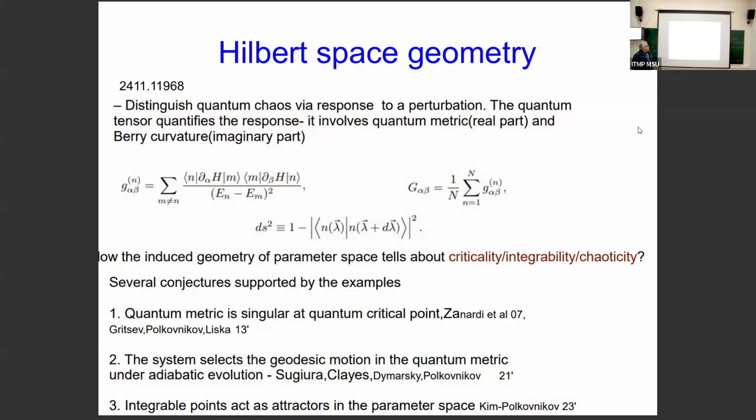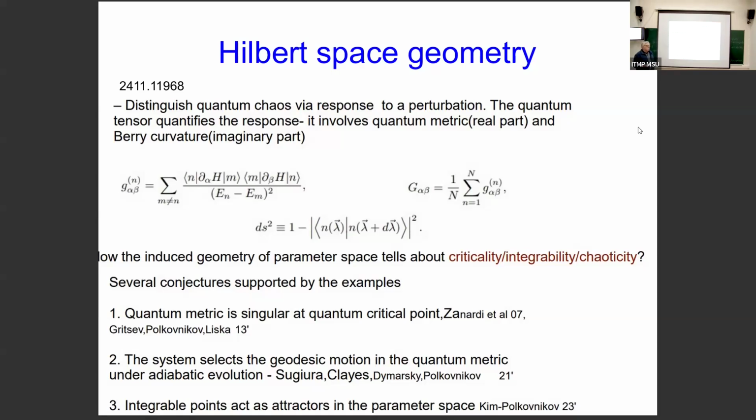It's well known that the quantum tensor has the quantum metric as its symmetric part and the Berry curvature as its antisymmetric part. We focused on the real part, and it was suggested about 10 years ago that the quantum metric could be singular.